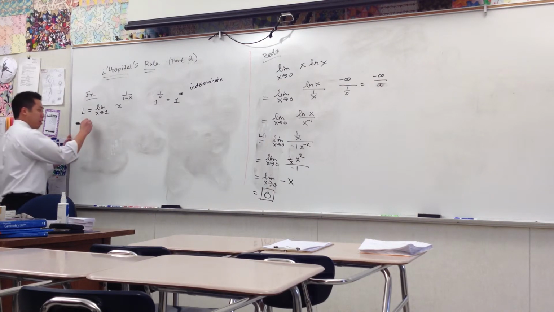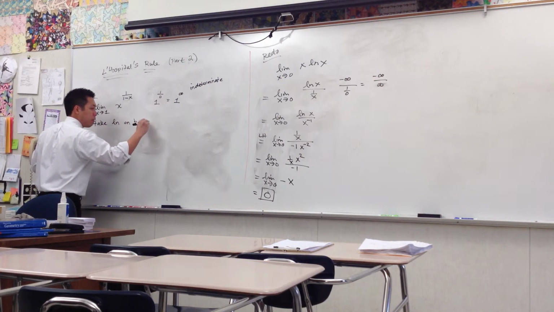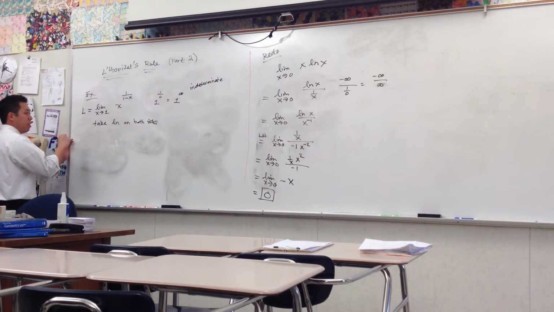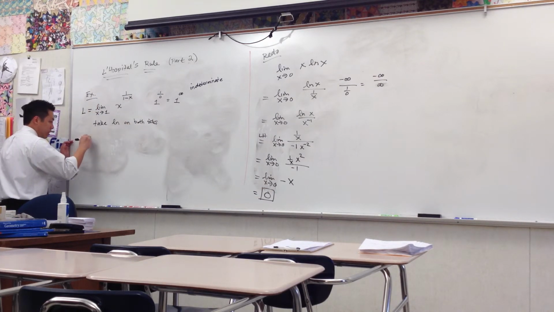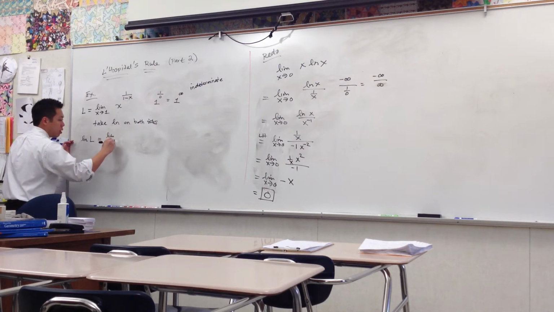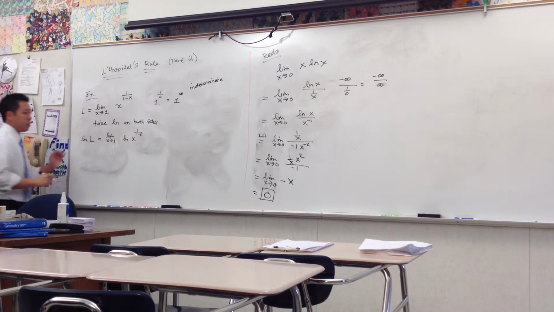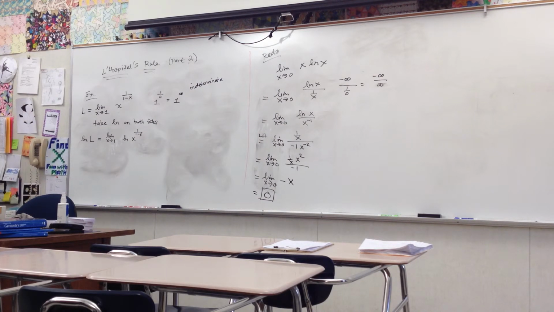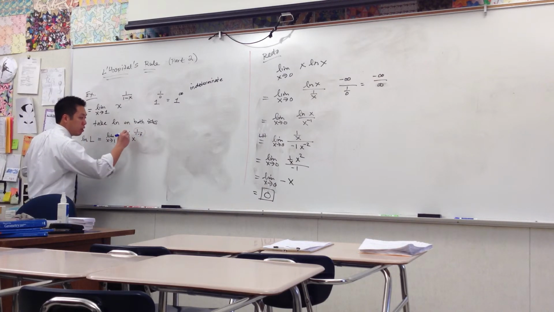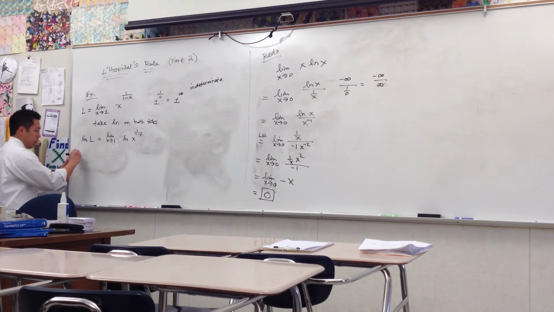Now let me take log on both sides. On the left, I have ln L. On the right, I have ln of x to the 1 over 1 minus x. So the ln allows me to take this exponent down.